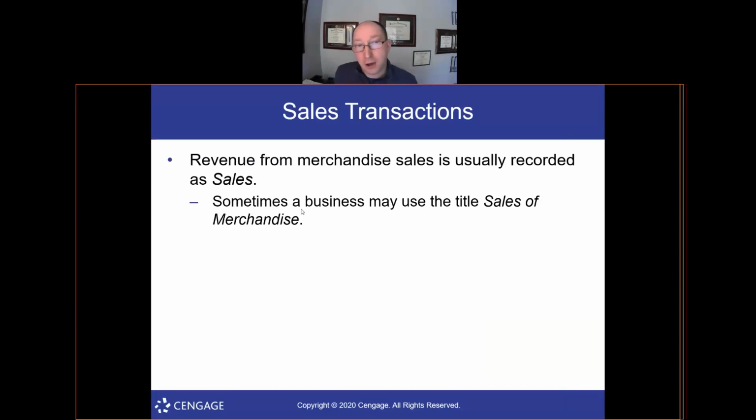When a retailer sells the inventory, we record it to sales. So we would credit sales, right? Debit inventory, credit sales. Sometimes the merchandiser will call it sales of merchandise, especially if they have multiple line items of revenue.